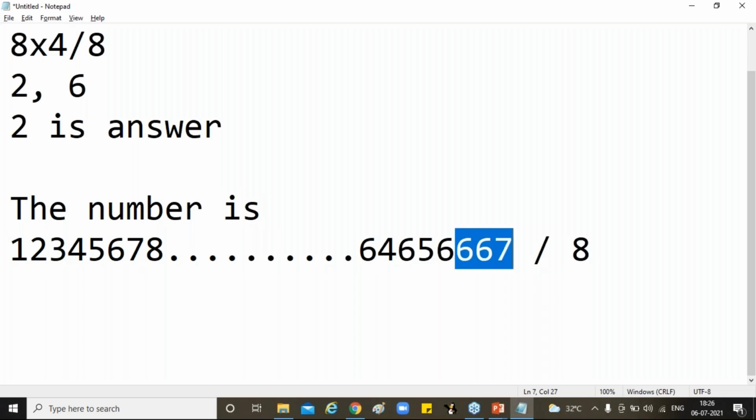What are the last 3 digits? 6, 6, 7. Those are the last 3 digits of the given number. If 667 is divisible by 8, then the whole number is divisible by 8.